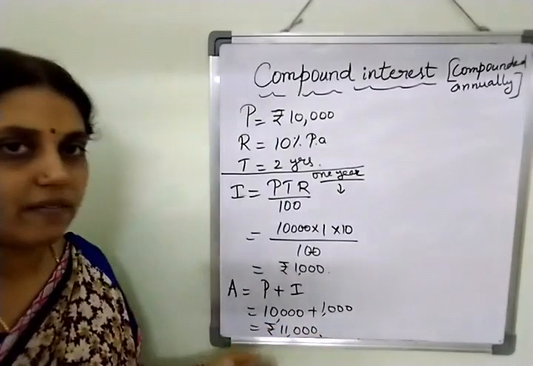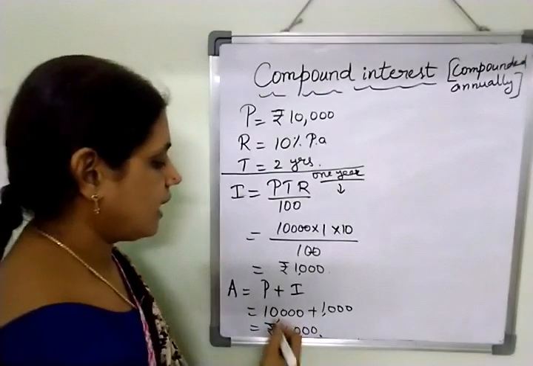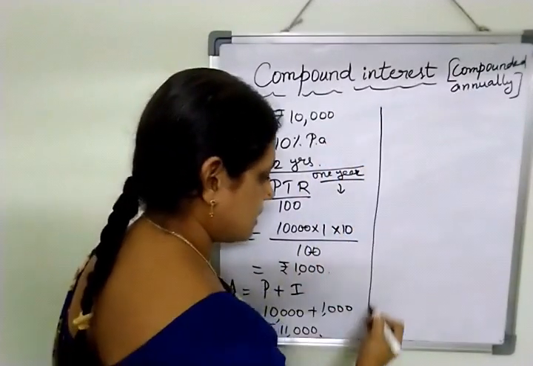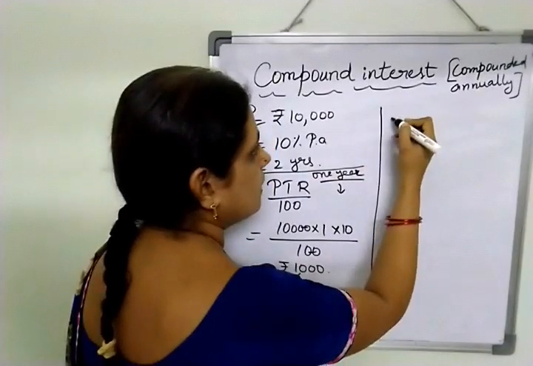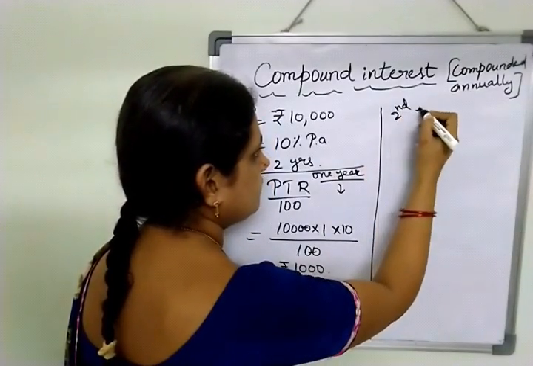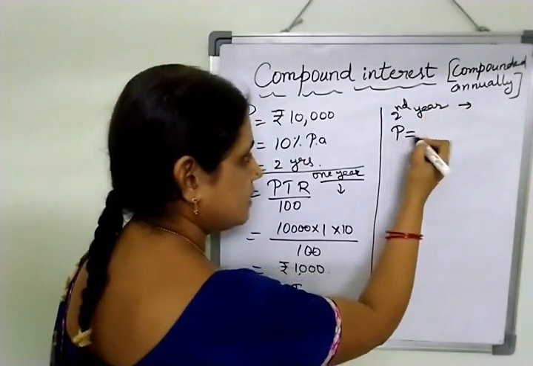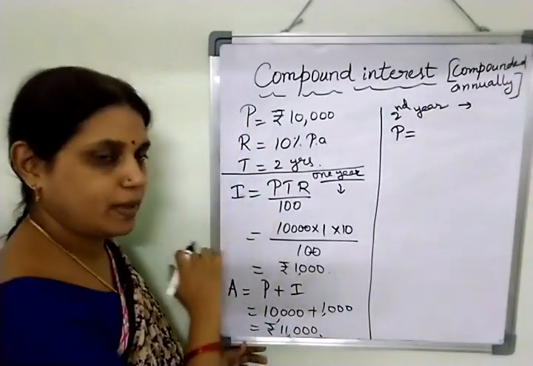That is the amount after 1 year. Now this amount will become the principal. So for the second year, now the principal will become the amount of the previous year.